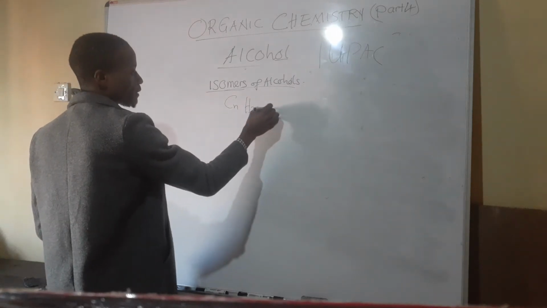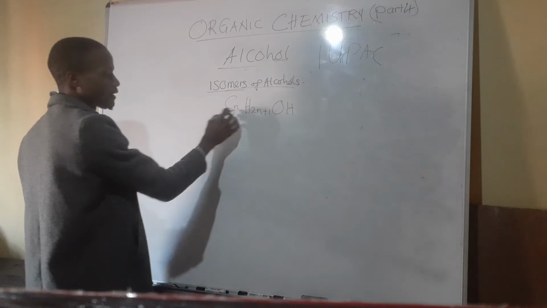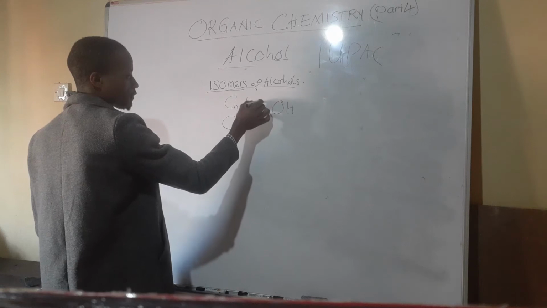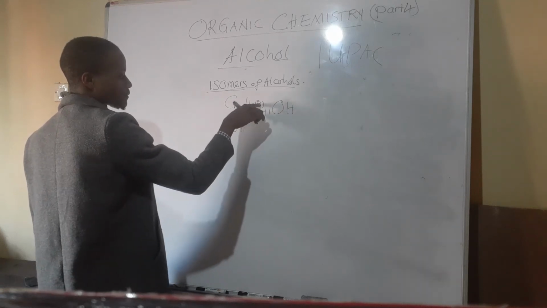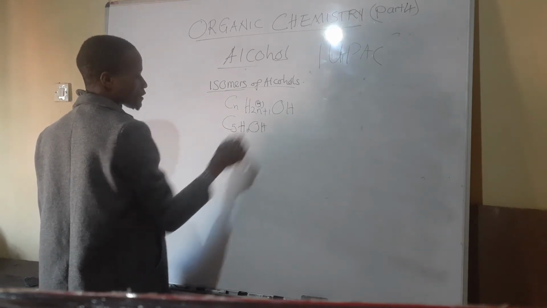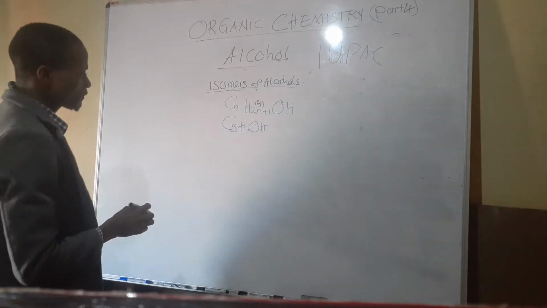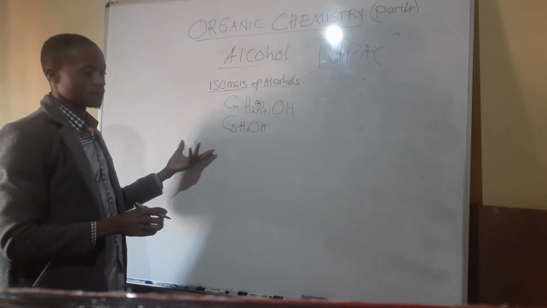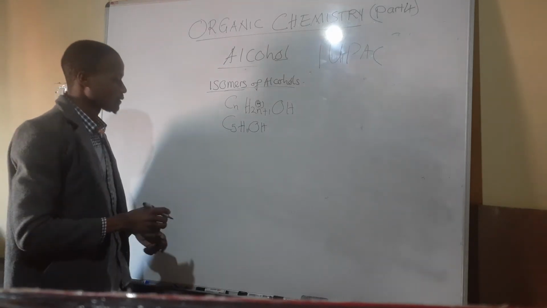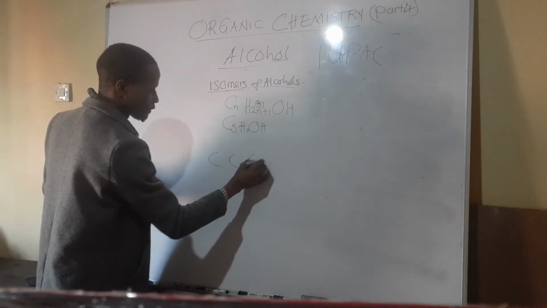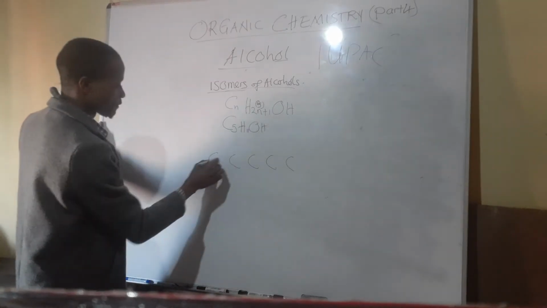So we have CnH2n+1OH. For pentanol, n is 5, so C5, and H is 2 times 5, that's 10, plus 1, that's 11, then OH. With pentanol, we want to draw the isomers. There are a number of isomers of pentanol, one of which would be the C5 chain.